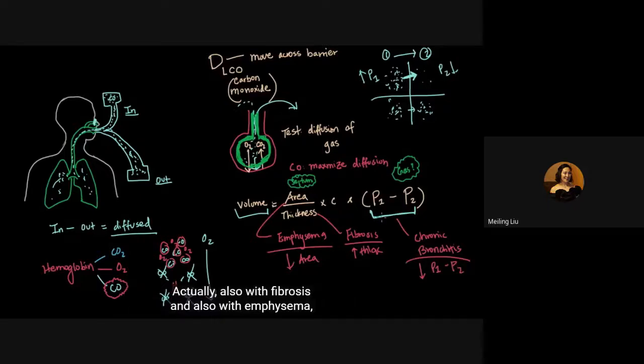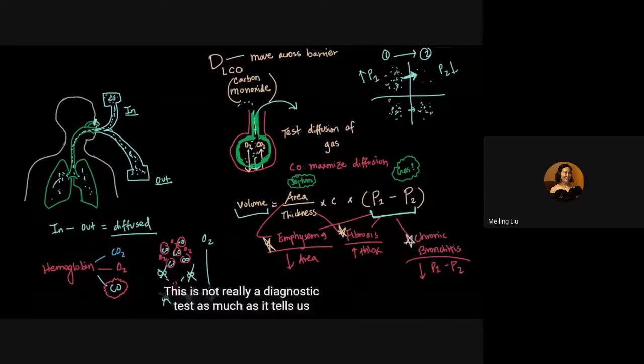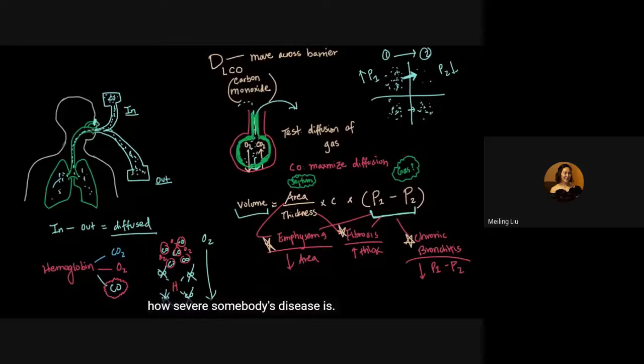Actually, also with fibrosis and also with emphysema, they're also bad for the partial pressure difference because it's hard to get air in. So as you can see, for this test for diffusion, many different diseases in many different mechanisms can affect the diffusion. So this is not really a diagnostic test as much as it tells us how severe somebody's disease is.